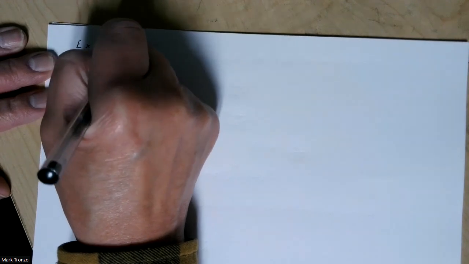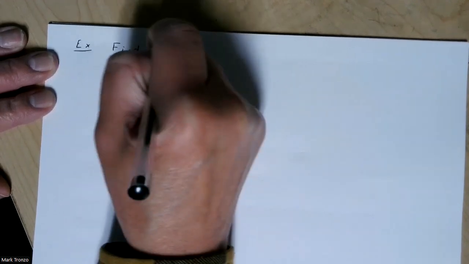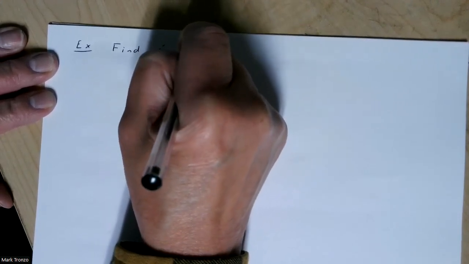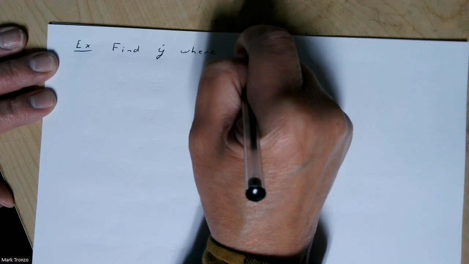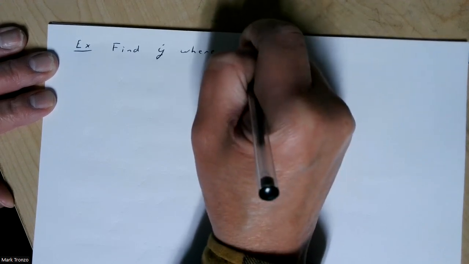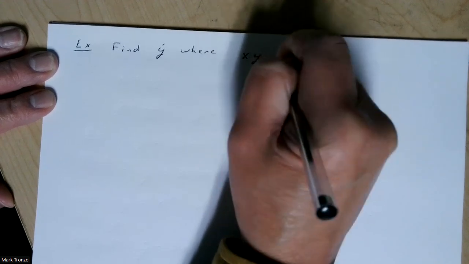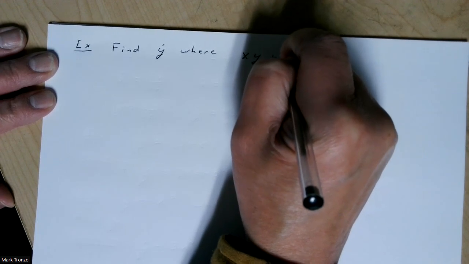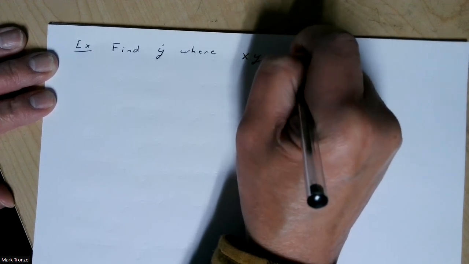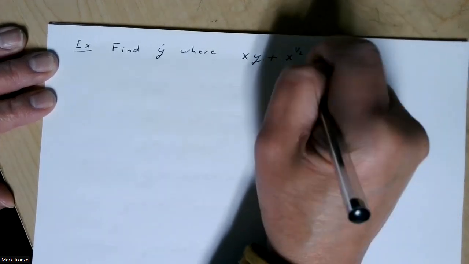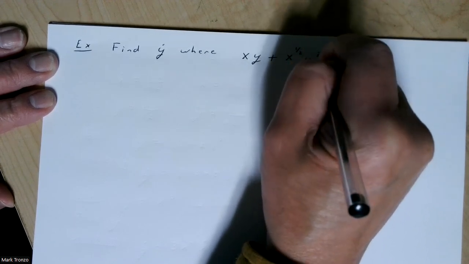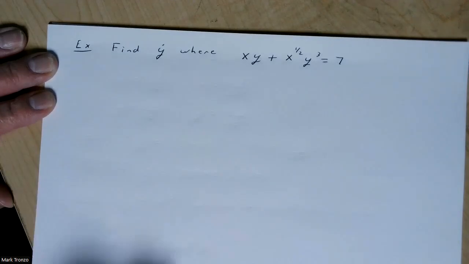Find y prime, where let's say we have x y plus x to the 1/2 y cubed equals 7.